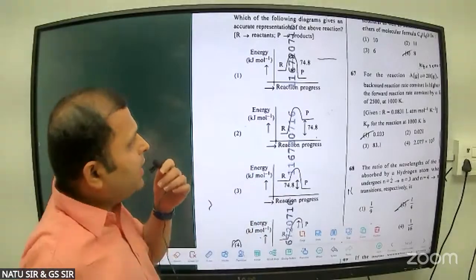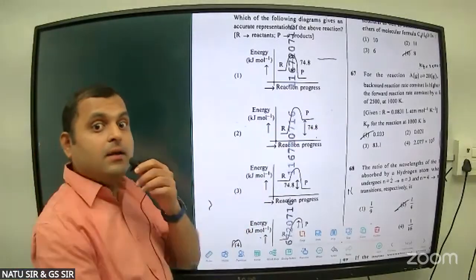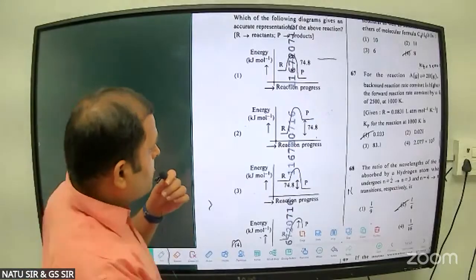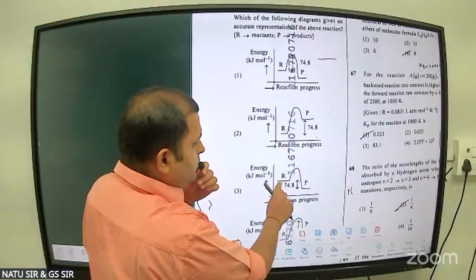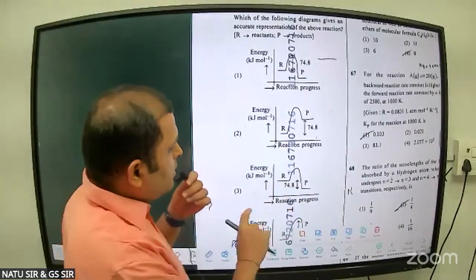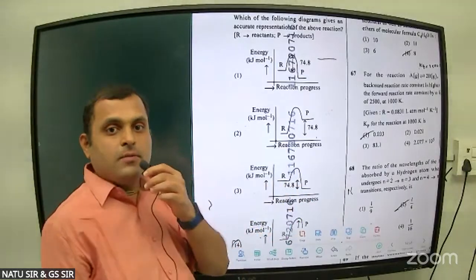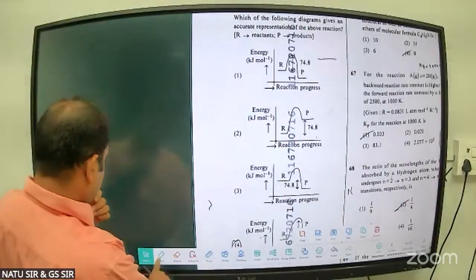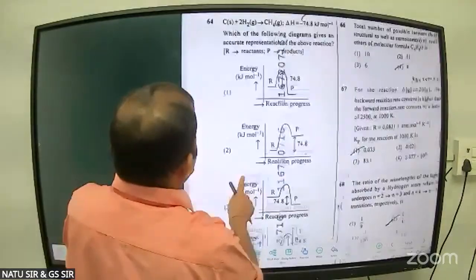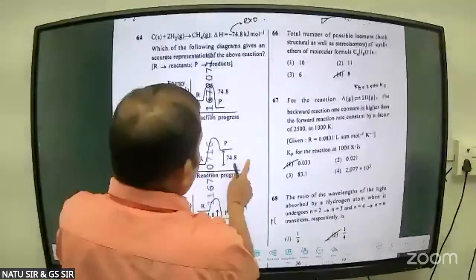So they are representing activation energy, but they are writing delta H. So that is wrong. But in option 3, you can see they have properly shown the energy difference between reactant and product as 74.8. That means the answer will be option 3. Okay. So this is question number 64.